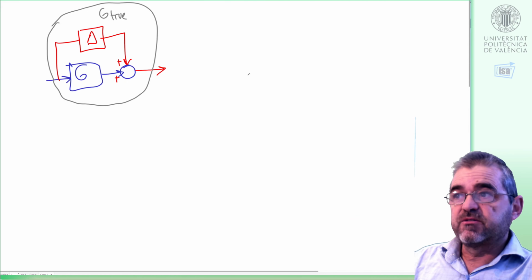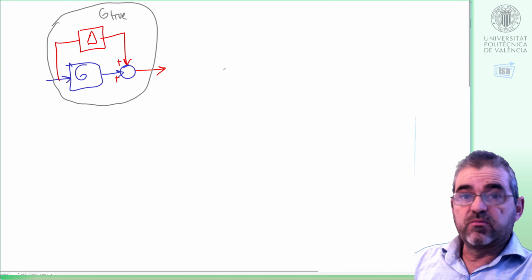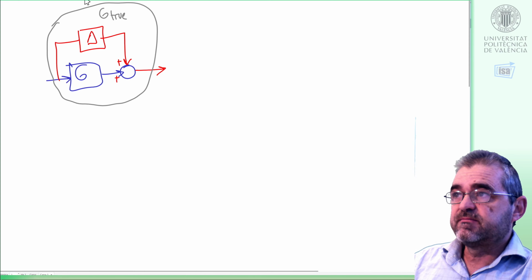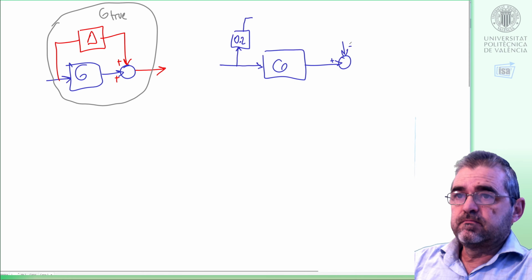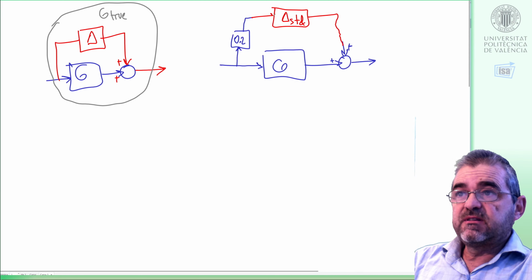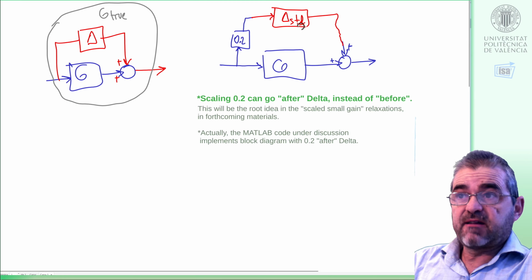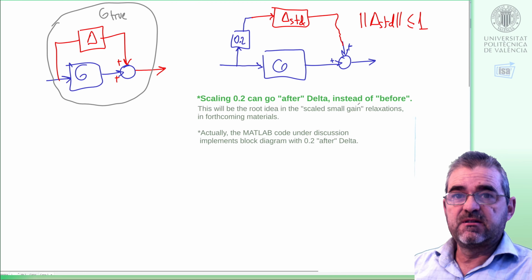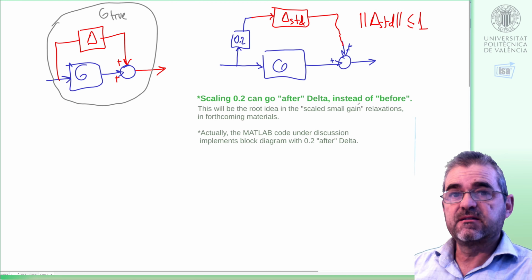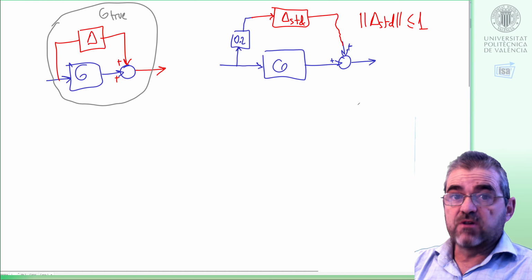This normalization of the uncertainty is important in theoretical developments. So instead of having this delta of size 0.2, we are equivalently representing it by a standardized delta less than 1. Scaling to 1 is kind of common practice in robust control, with no loss of generality.